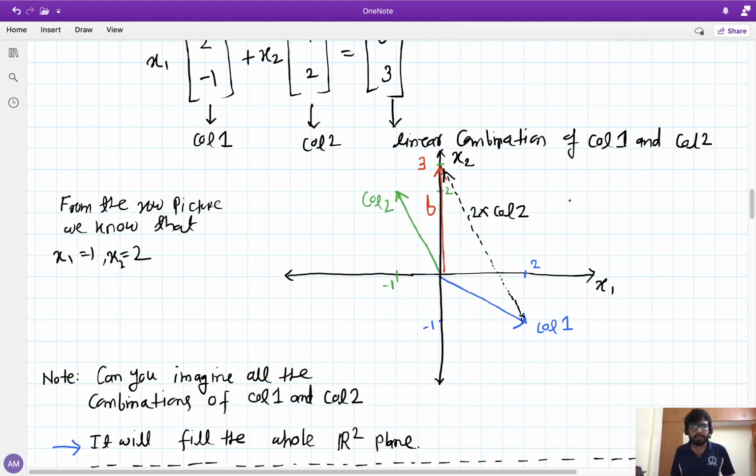You will realize that the resulting vector will depend on the various selections of x1 and x2. So basically you can generate the entire R2 plane with the linear combinations of column 1 and column 2.